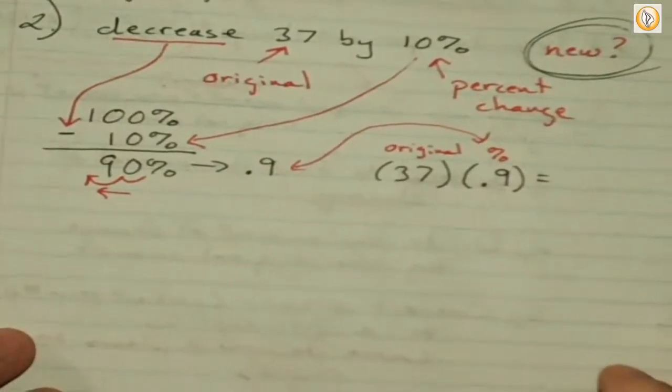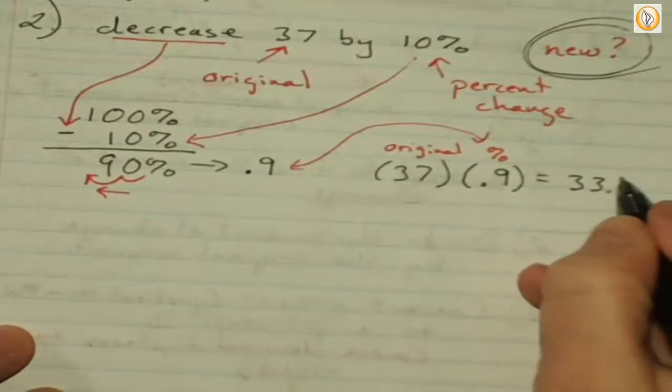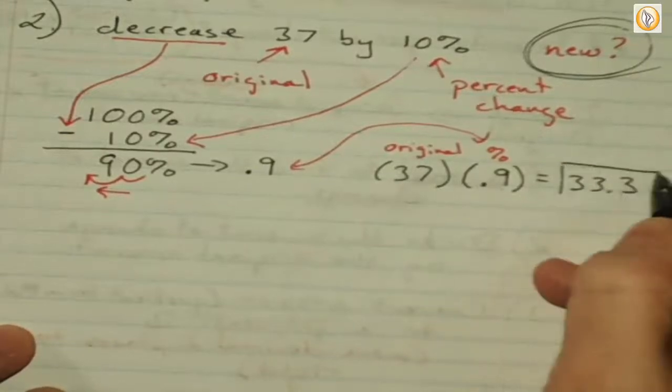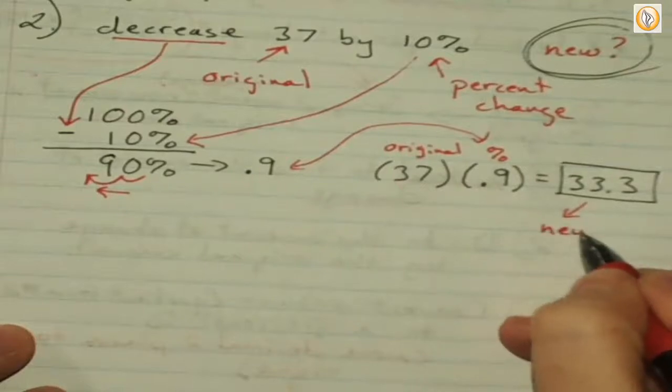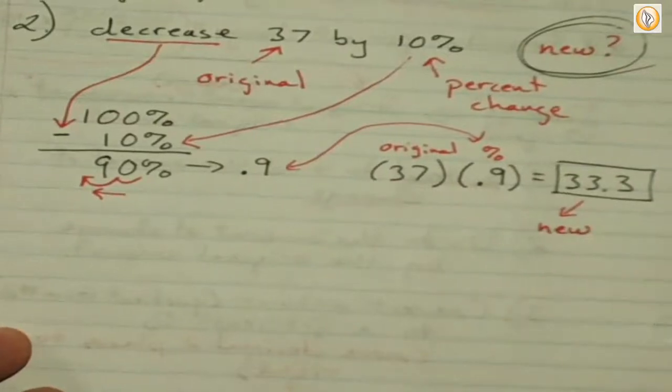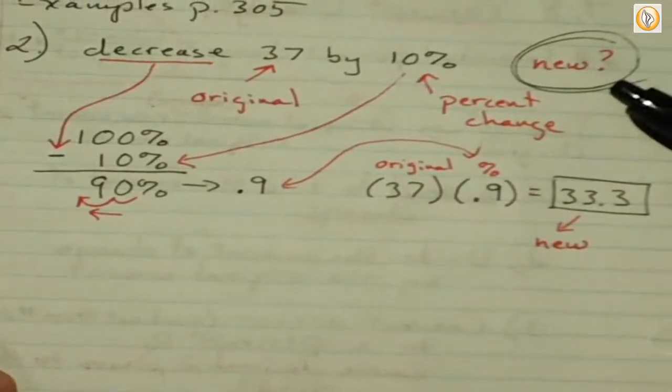And if you were to multiply those two together, you would get 33.3. That is your new. So make sure you have good notes so you remember how to do this. So this is when they ask what the new amount is.